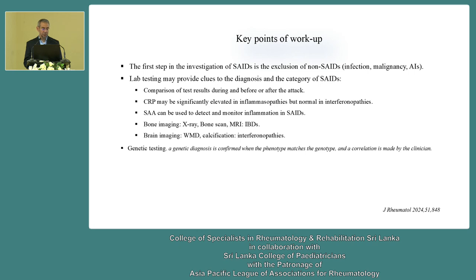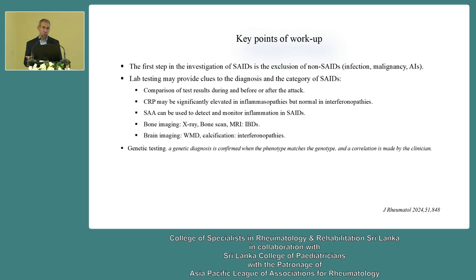And regarding genetic testing, of course, if it's available, this is very helpful and will narrow the differential diagnosis and spot the diagnosis. But you have to be careful. The presence of genetic test positivity does not mean the diagnosis. All the time you need to explain it in the light of the phenotype manifestations, especially if it's a new gene variant.